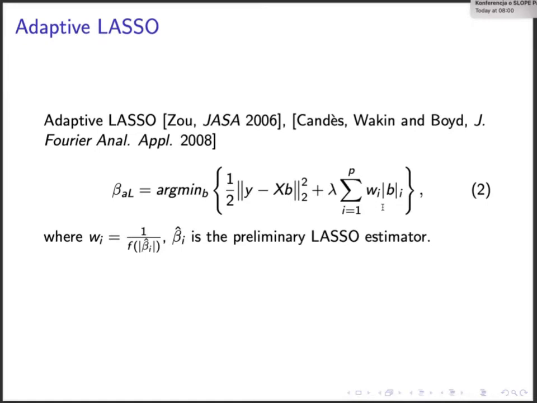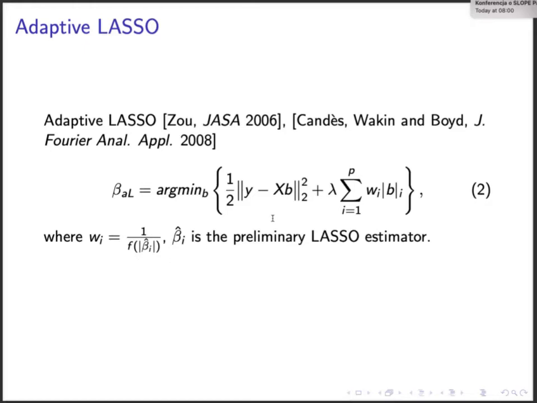So what you can do is run LASSO initially, using cross-validation for example, and get some intuition which betas should be large and which should be small. And then you calculate your W as 1 over f of this initial estimator, where f is some increasing function.